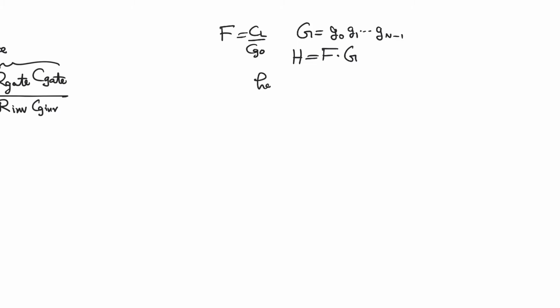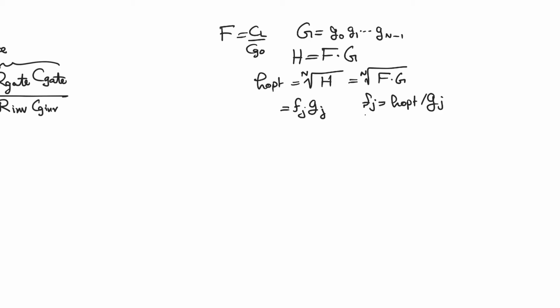And then we can calculate H optimal as the nth root of H capital, which is the nth root of F times G. Once we calculate H optimal, it's equal to F times G for any stage j. Because we know the G's, the logical efforts of all the stages, we can find out Fj for any stage as H optimal divided by Gj.